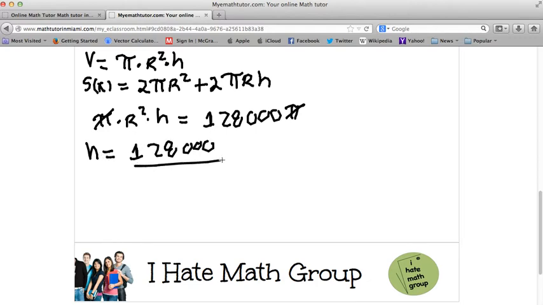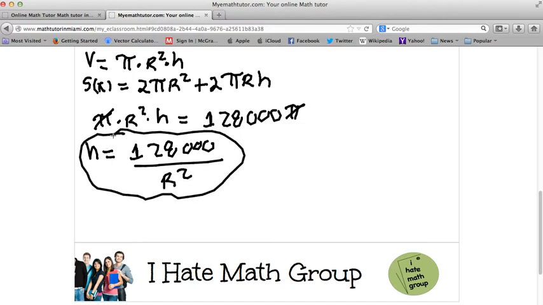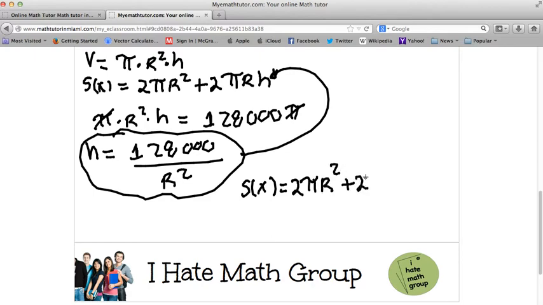128,000 over r squared. Now that I have the height, I can plug it into my surface area function. So I'm going to have 2 pi r squared plus 2 pi r times 128,000 all over r squared. Now let's clean this up.